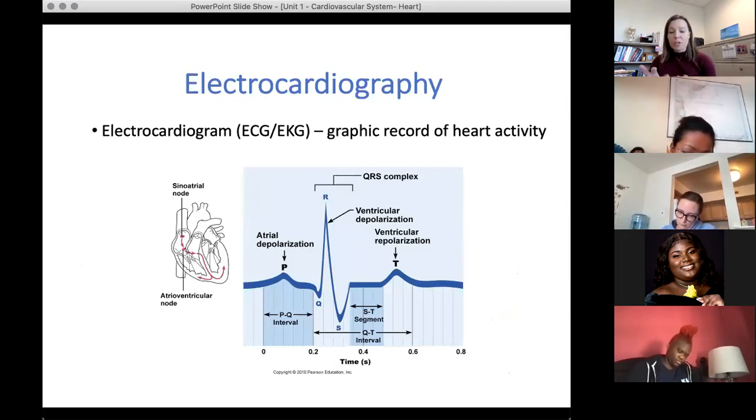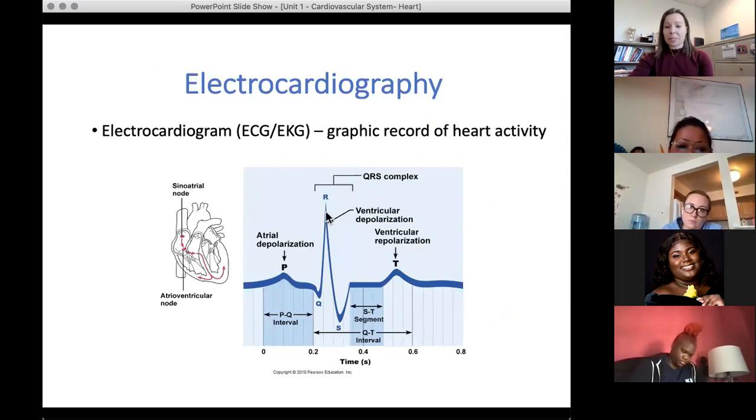And there are lots of parts to an EKG, but we're going to break it down to just the three main parts. These are the only parts that you guys would be asked about, like on a test. The P wave, which is here. The QRS complex, which is the sharp spike in the middle. And then the T wave is the last little part at the end.